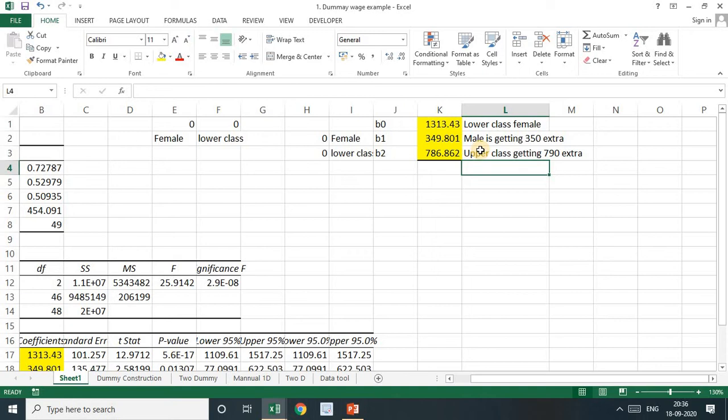So we can say that there is a gender difference as well as a caste difference in this market. We are separately analyzing whether there is a gender difference and whether there is a caste difference. If you want to add more variables, you can do that.